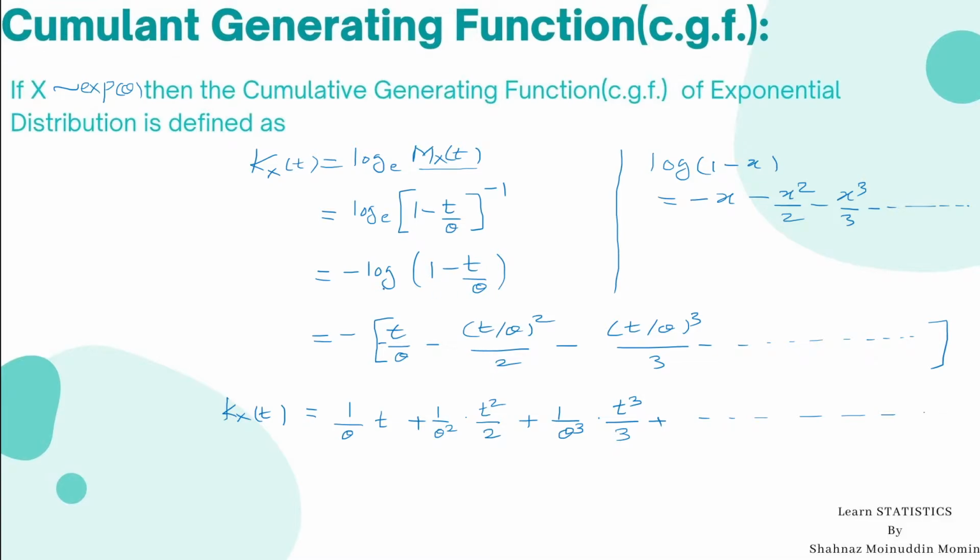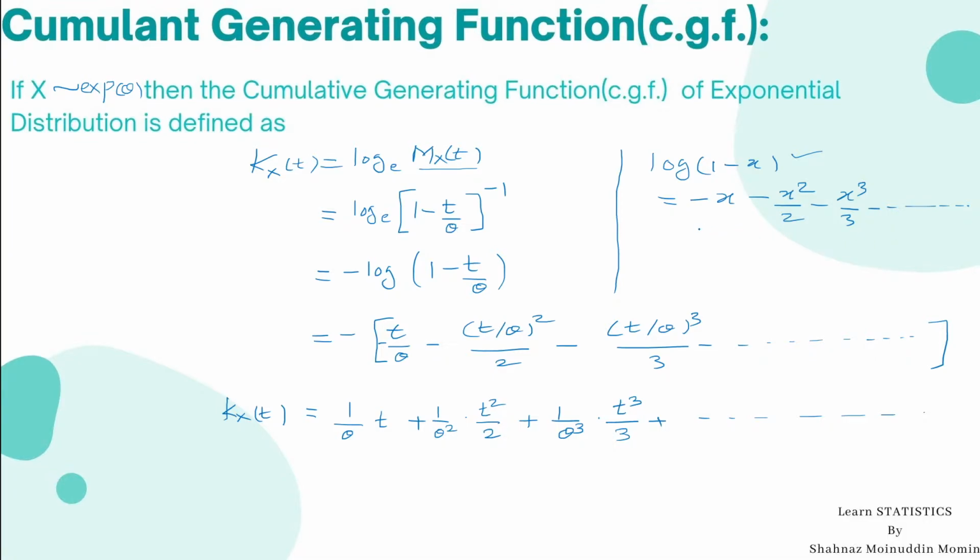To expand log (1 minus t by theta), we take the help of the mathematical series expansion of log (1 minus x). What is that? Log (1 minus x) is equal to minus x minus x square by 2 minus x cube by 3, and so on.